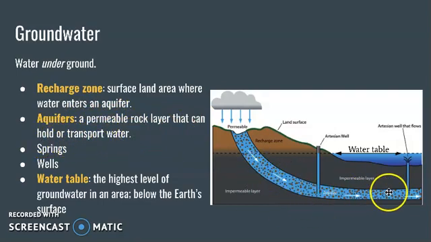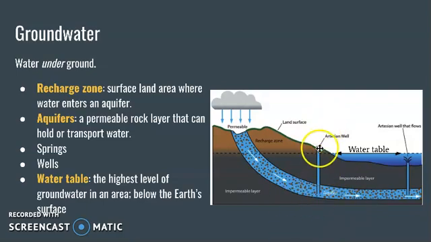Permeable just means that water can go through the rock. Okay, that's what permeable means. And so an aquifer is an area where water can be transported through, or an aquifer can store water underground.